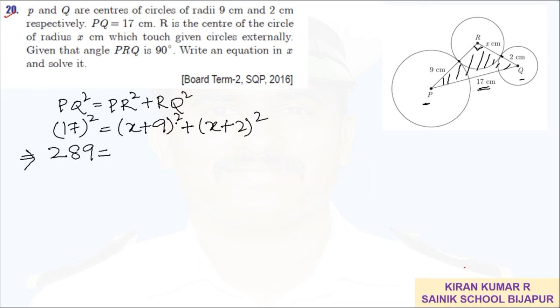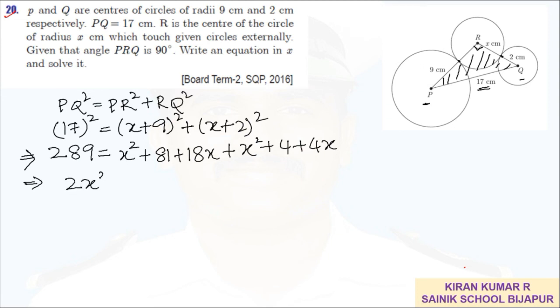(x plus 9) whole square. Let me expand this. x square plus 81 plus 18x plus x square plus 4 plus 4x. Further, we can simplify this as x square plus x square, 2x square, positive 18 positive 4, upon addition it is positive 22x. 81 added to 4 is 85.